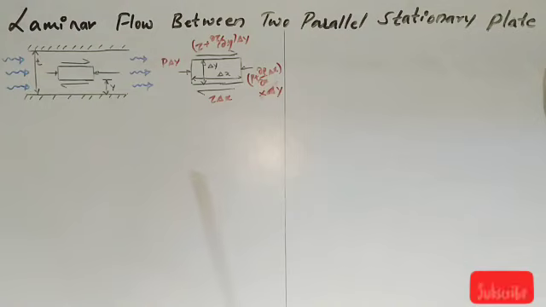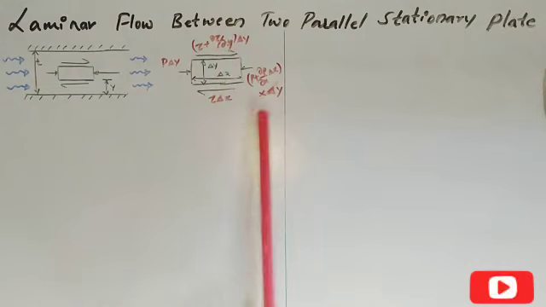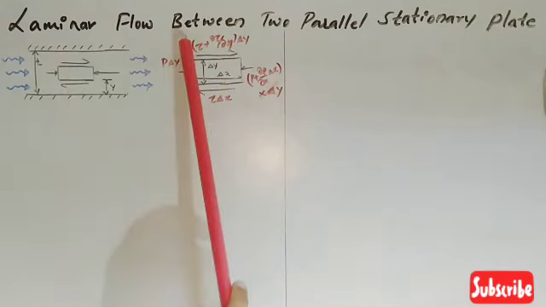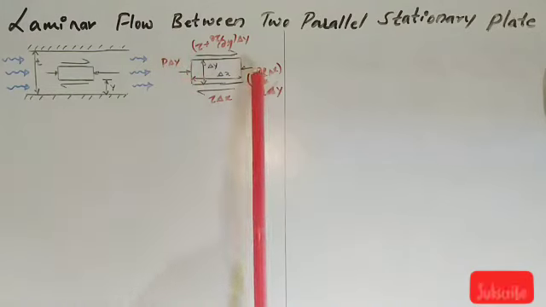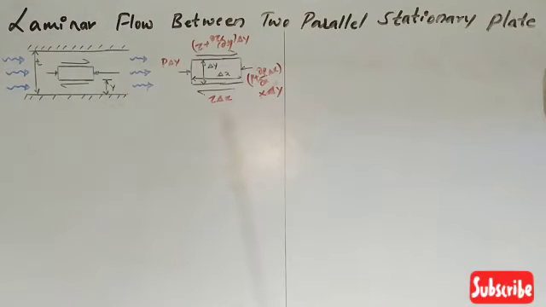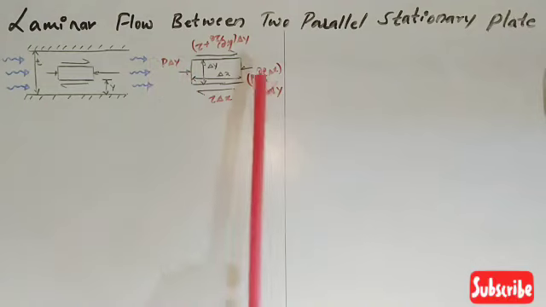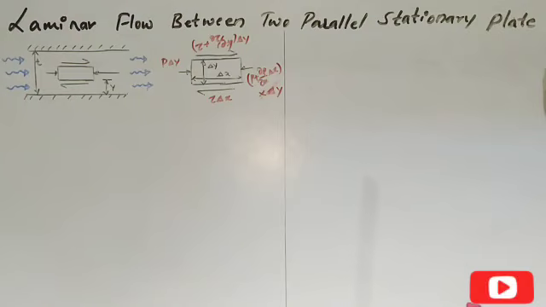Now for a clear view I have drawn this elemental fluid element, that is A, B, C, D. On this element, pressure intensities as well as shear stress will be acting on the surfaces. The pressure intensity acting on face AB will be P, and similarly the pressure intensity acting on face CD will be P plus dou P by dou x into delta x.